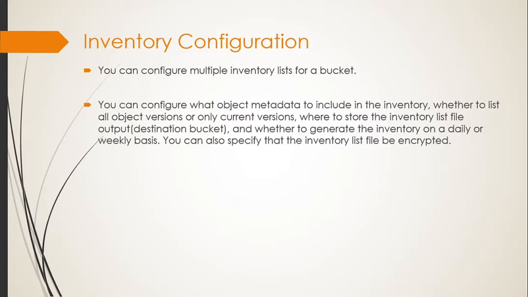You can set encryption and also select the format, like the CSV, ORC, and Parquet formats we saw in the previous slide. Whatever configuration you set, you will get your file list accordingly.